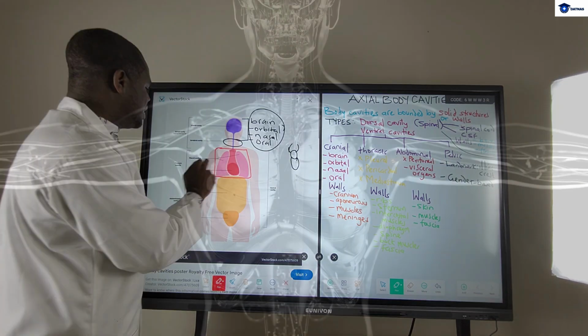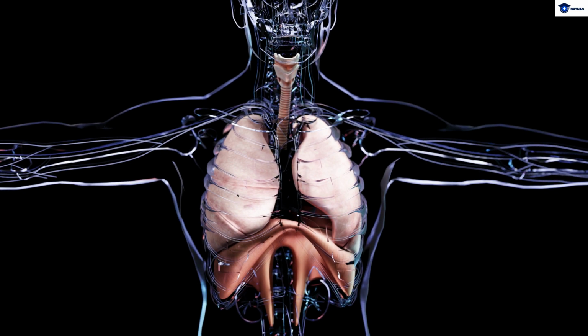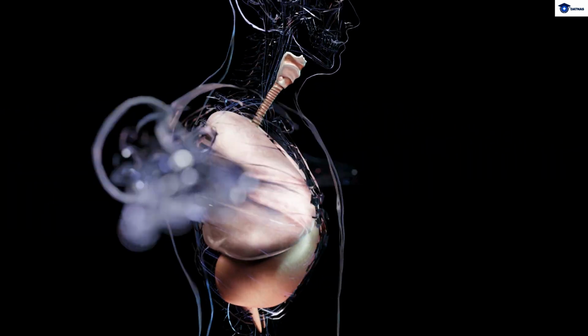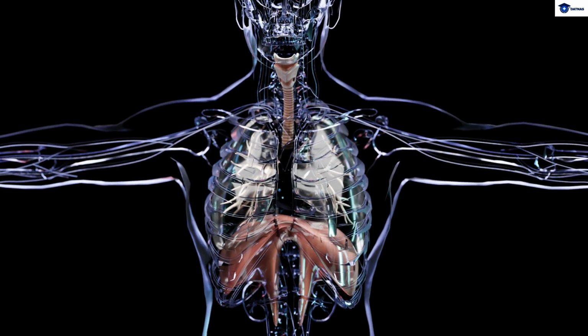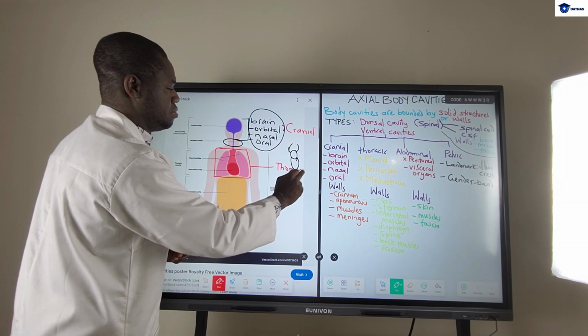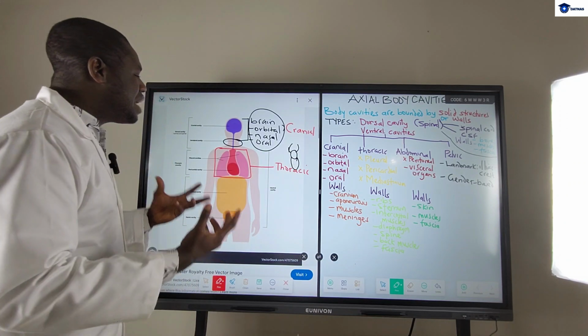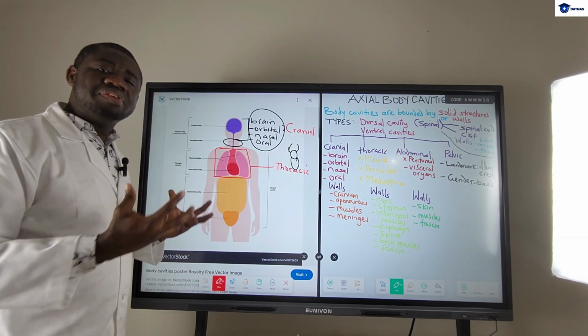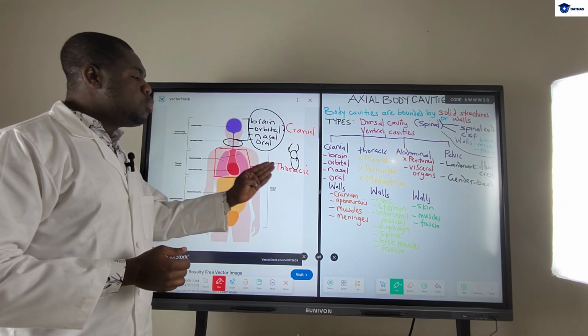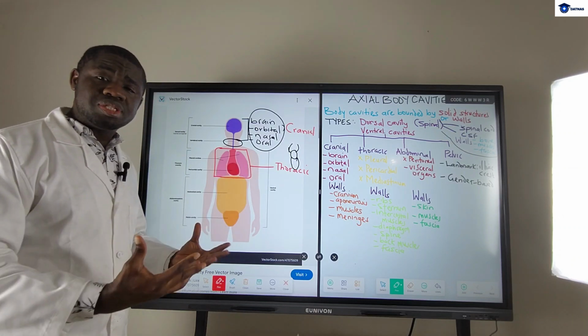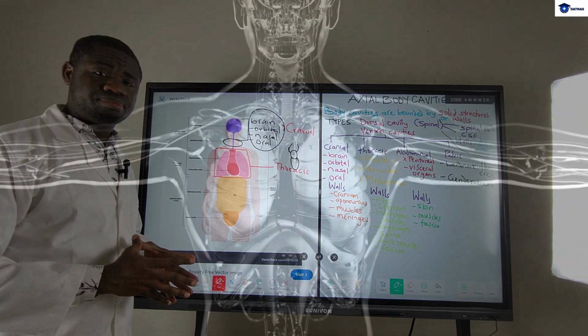The thoracic cavity is a cavity in the chest. The word thorax means the chest.